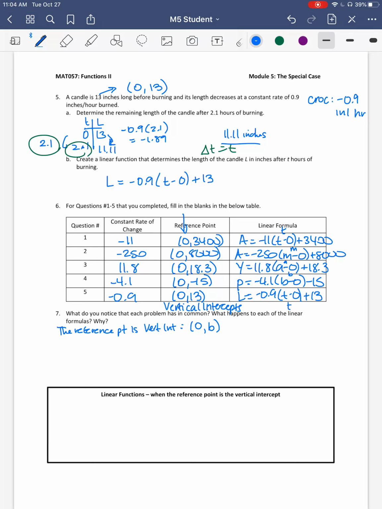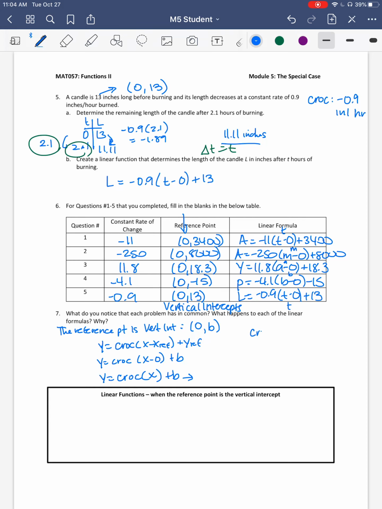And so if we take a look at that, this is my general form of a linear function. I'll use x's and y's. And so if I plug in 0, b for my reference point, I'm going to get y equals m x minus 0 plus b. But we just said that x minus 0 is just the same as x. You probably have never written it this way in your life.